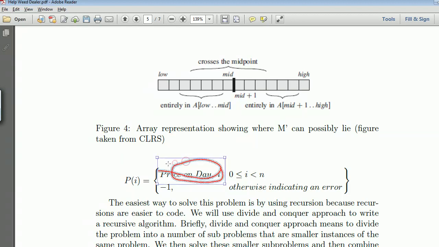Okay, so one way to solve this problem is to use recursion, right? Because recursions are easier to code. You could have an iterative algorithm that's like 20 lines, but you could do that using recursion in a couple of lines.